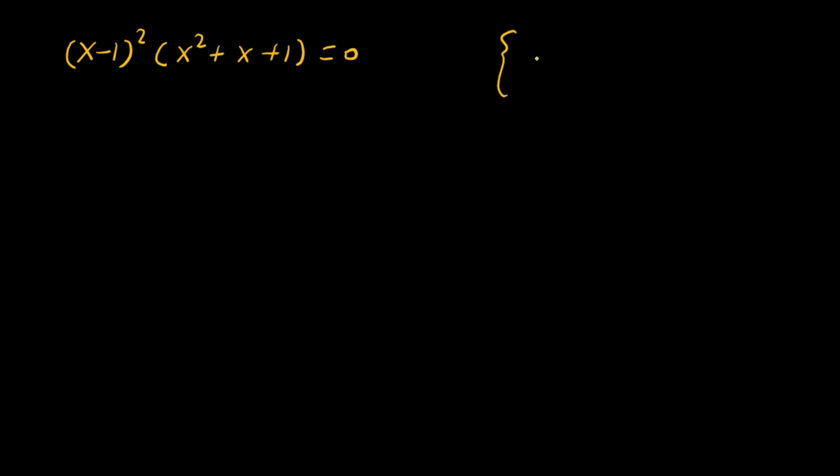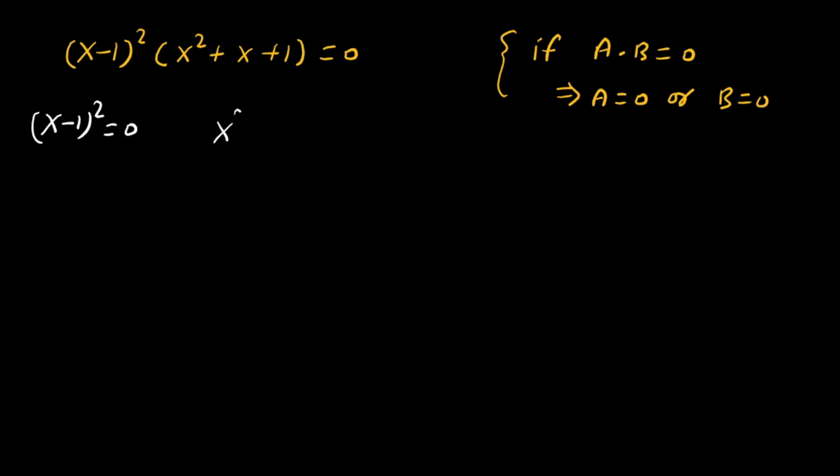And we know that if a into b is equal to 0, this implies a = 0, b = 0, or both are zero. So if we apply this rule here, then (x - 1) whole square is equal to 0, and x^2 + x + 1 is equal to 0.